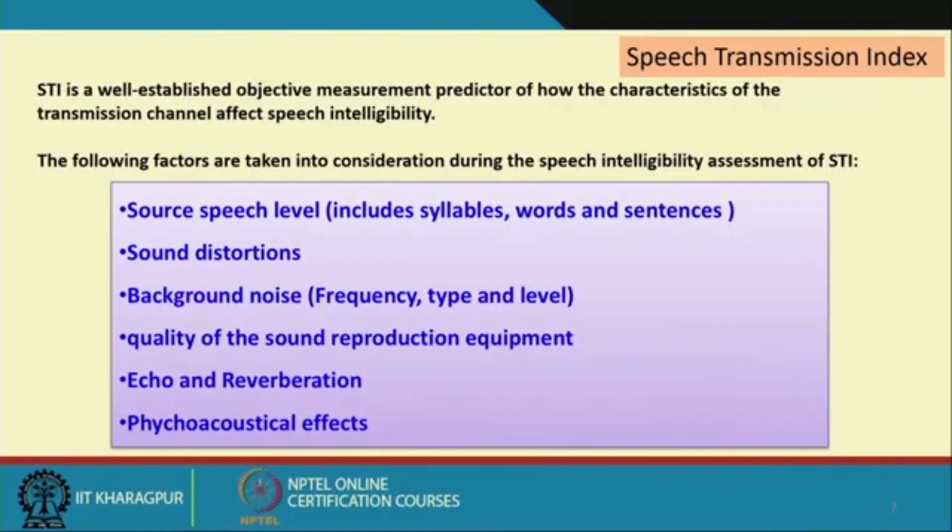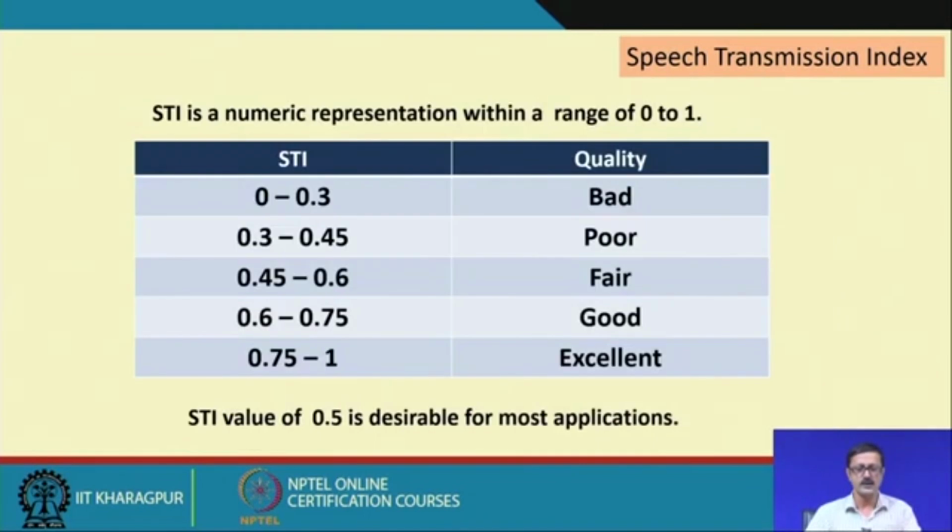So, based on all these 6 parameters, and with complex calculations, a table or chart is provided where STI starts from 0 to 1, and low numbers of STI mean it is bad or poor, and a higher number of STI is good or excellent. It is always desirable to have an STI value more than 0.5 definitely, though it should be more towards good also.